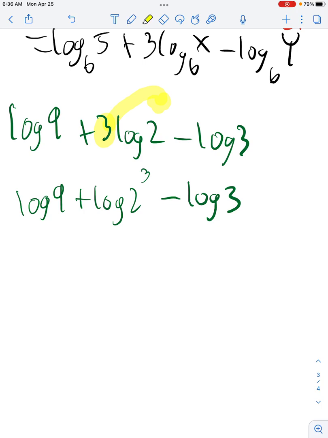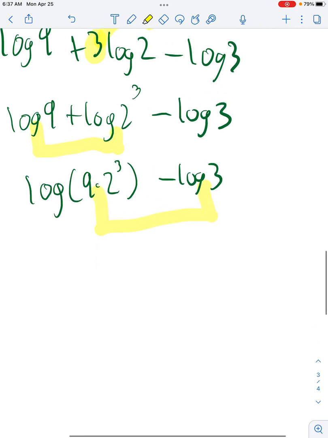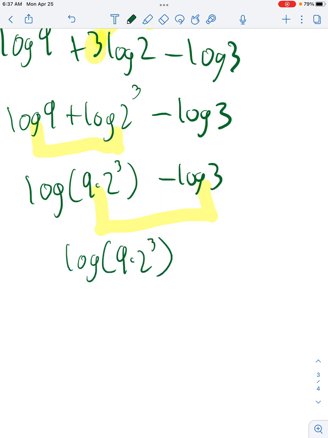And now I'm going to combine these two and use the product property and say, all right, I've got the same base. So log of 9 times 2 to the third minus log of 3. And now I'm going to use the quotient property to say log of 9 times 2 to the third, and then that's going to be all over 3.